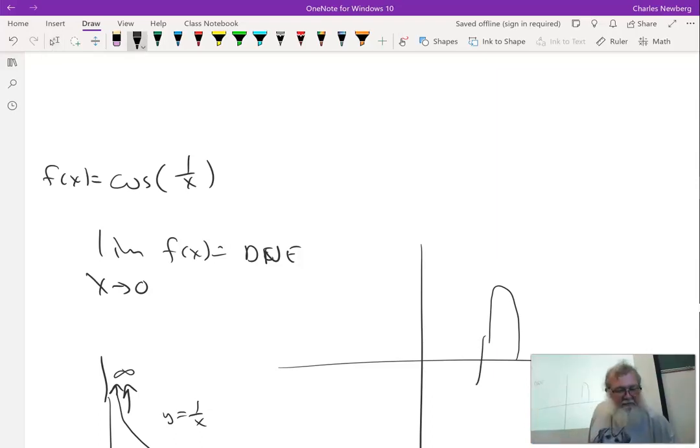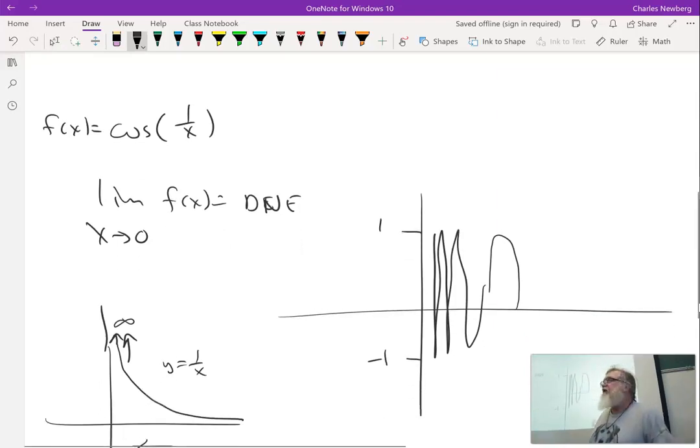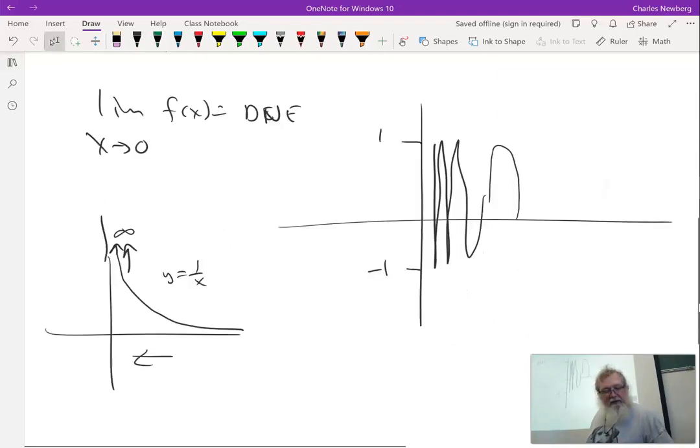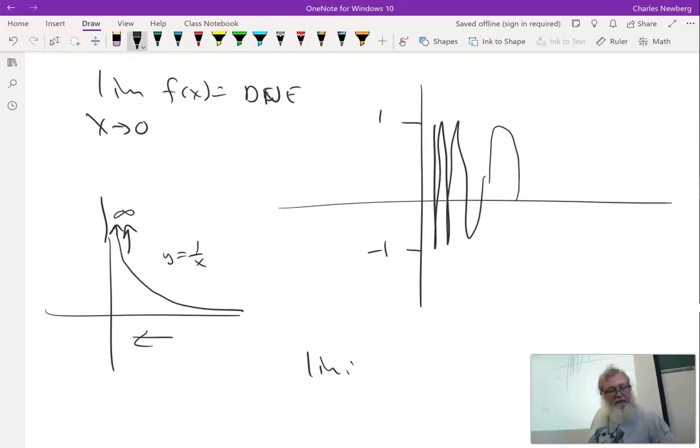So I'm bouncing back and forth between -1 and 1. So whatever you say your limit is, let's say I say the limit is 0. Then give me a target, and I'm going to take a target of 1/2.